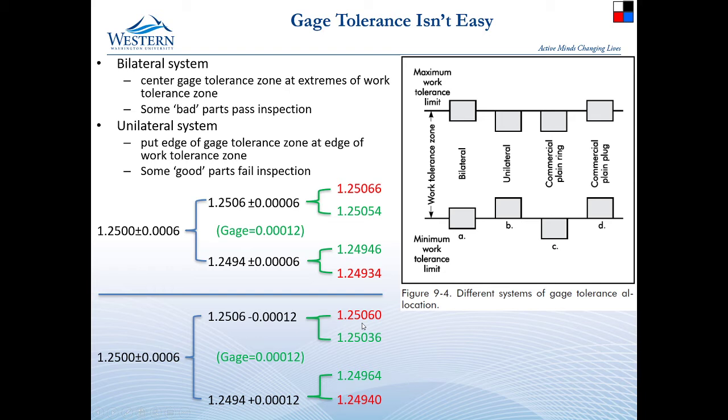If it's a life safety part, part of an aeroplane, something like that, you probably would not send out any bad parts. You would make sure that they were all good parts, and if you had to, you would throw away a good part rather than allow a part that was on the edge of the tolerance band to go out.